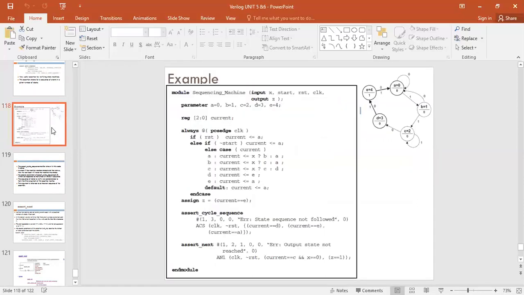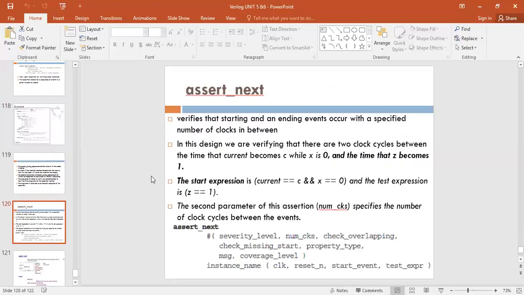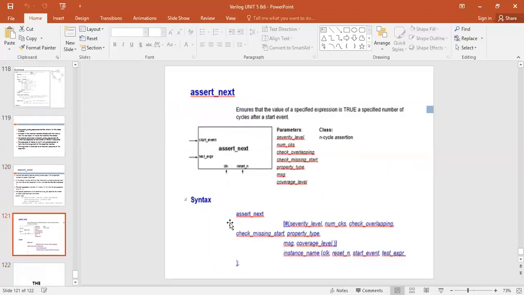Now I am going to the assert underscore next. Assert underscore next means, especially in the state machine, it is in the present state and going to the next state. What the present state is and what the next state is will be given by the assert underscore next. In the syntax, severity level is compulsory, and property type, message, coverage levels are important.